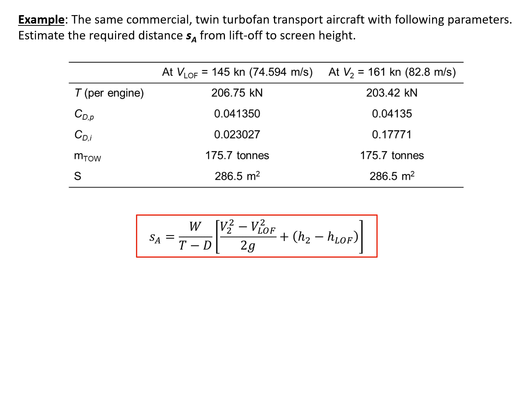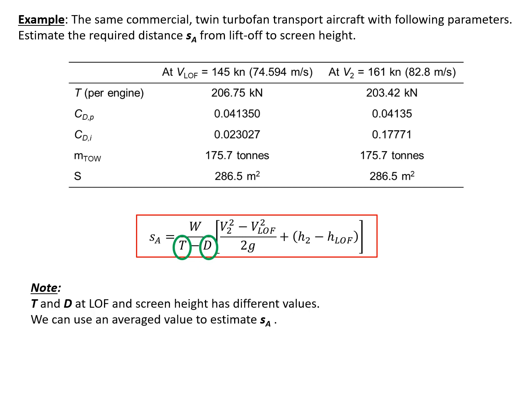And we know the height, we know the speed at liftoff and the screen height. So the tricky point is which thrust and which D we should use. That's highlighted here in the green circle. T and D at liftoff and screen height have different values. We can use an average value to estimate the airborne distance SA.